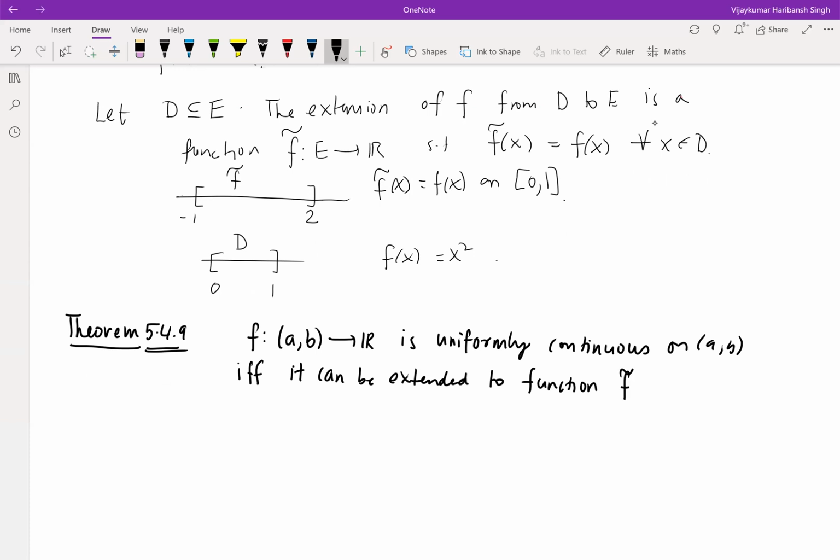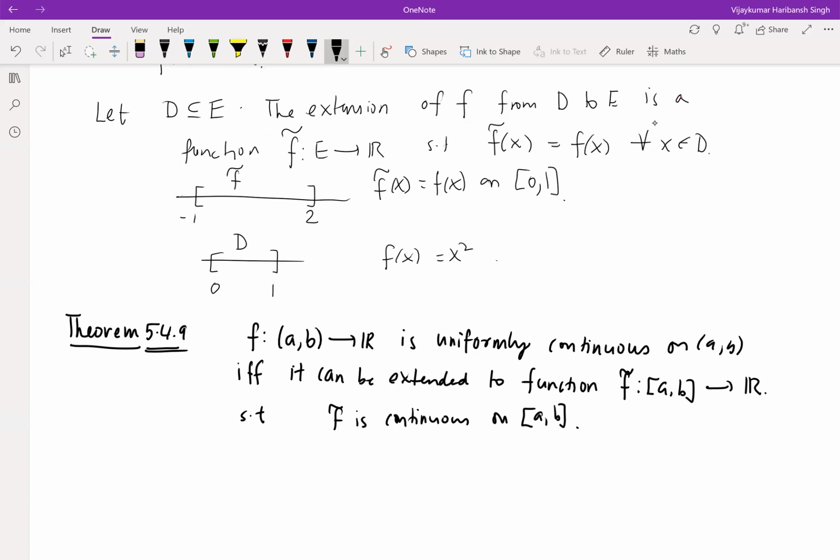So you're extending it to a bigger set. We are not being greedy. We are only extending it to the boundaries, to [a, b] to R. And the property of this f tilde is that f tilde is continuous on [a, b].